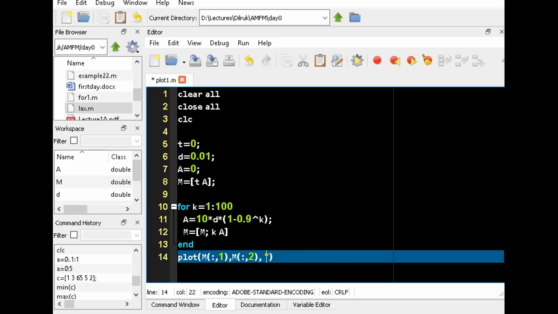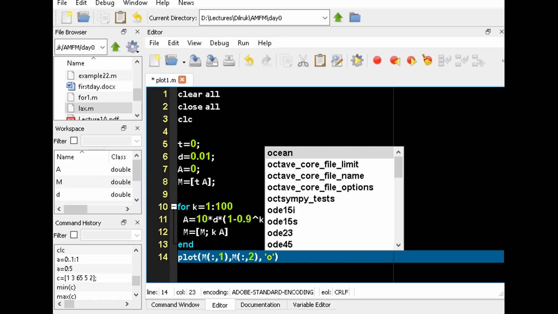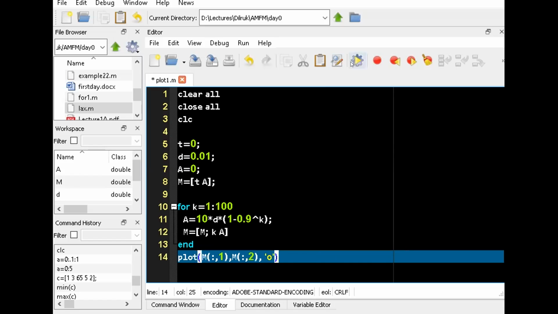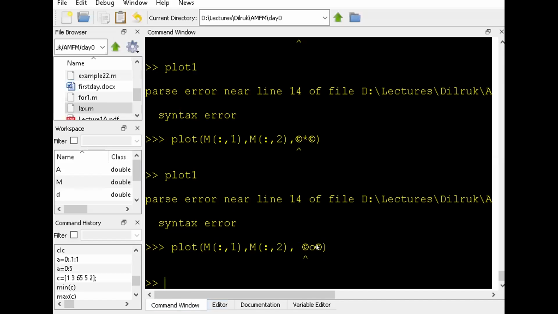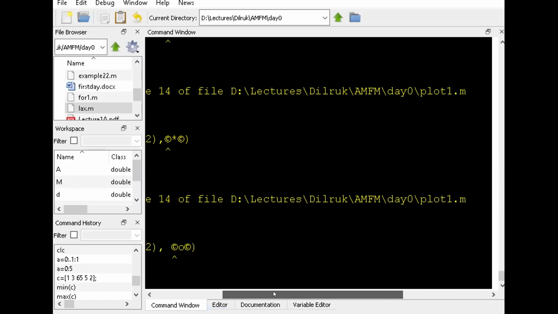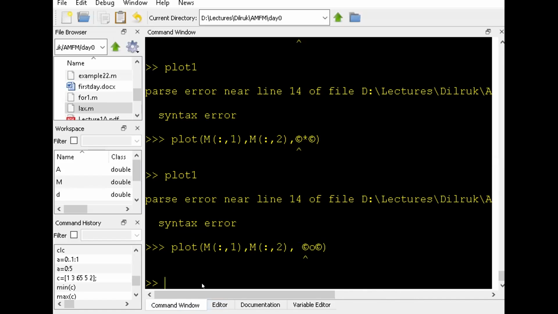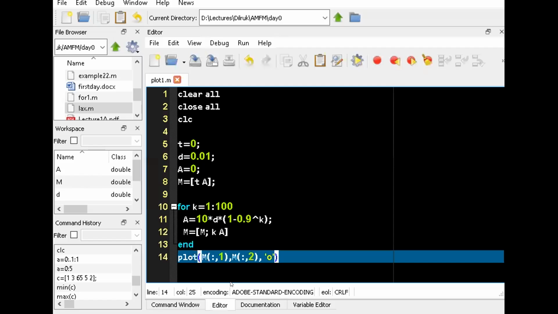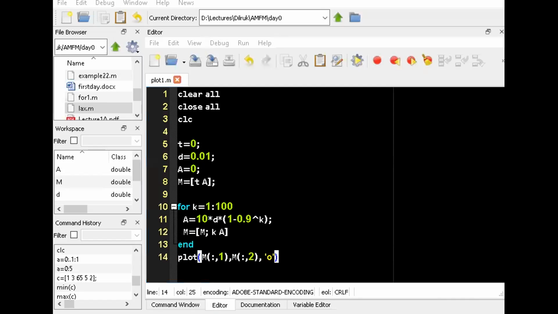I will type O. What is the error here? I want to find this out. I will try this instead.